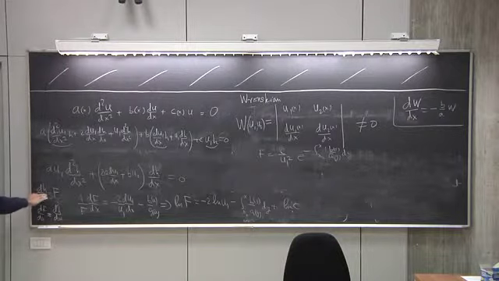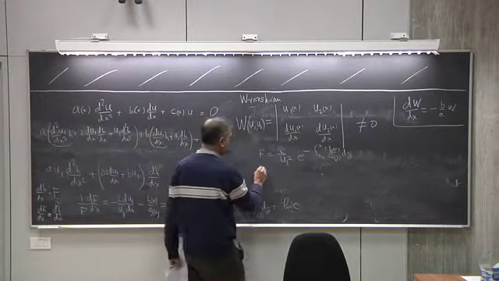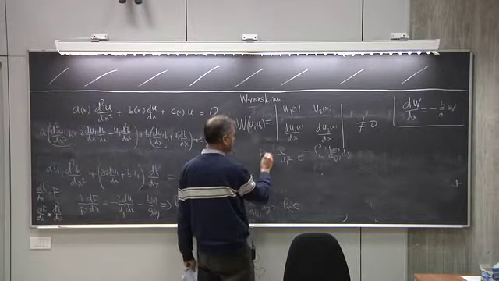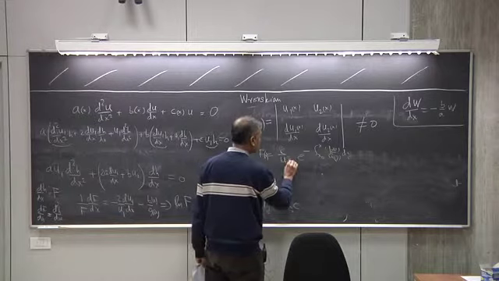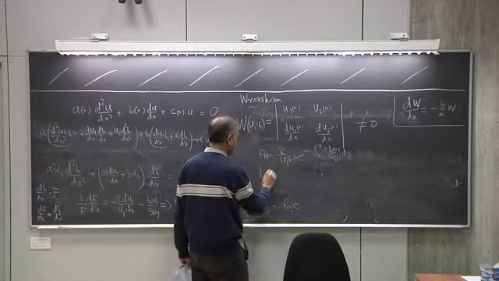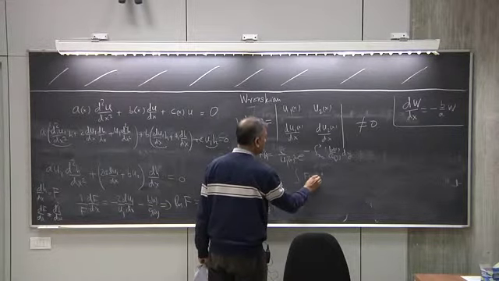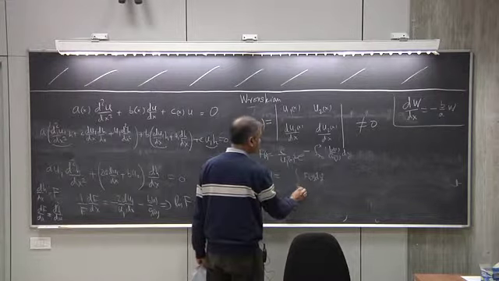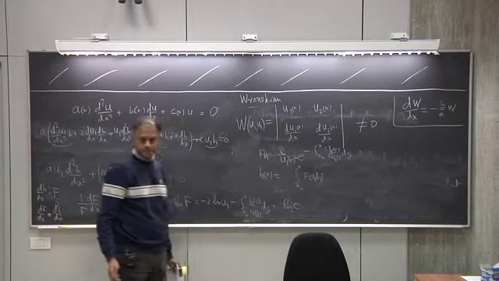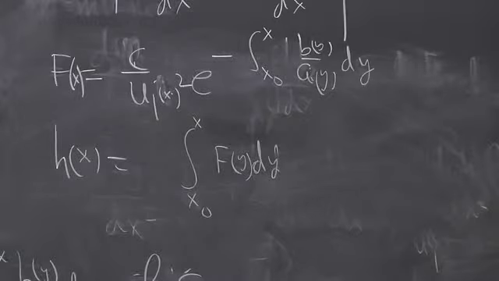Now I know f, so I can compute h. h is simply another integral of that. So this is f of x, let me write it like this, with u1 x square and a constant. So h of x will be the integral of f of y dy from some fixed point to x, because dh by dx is f.